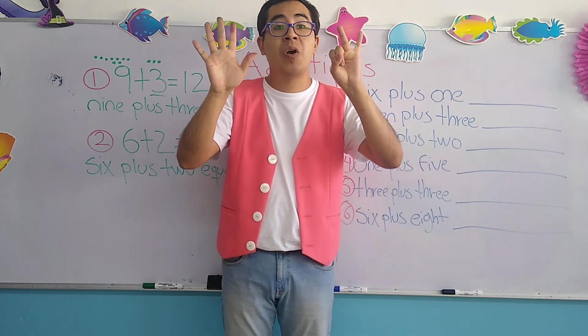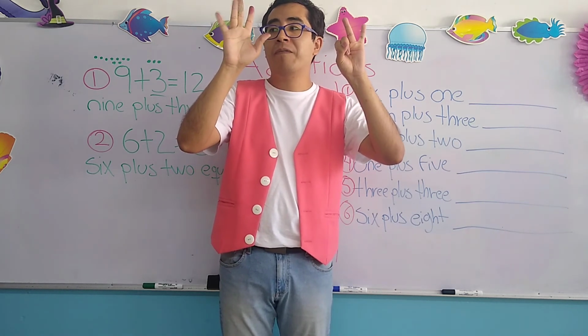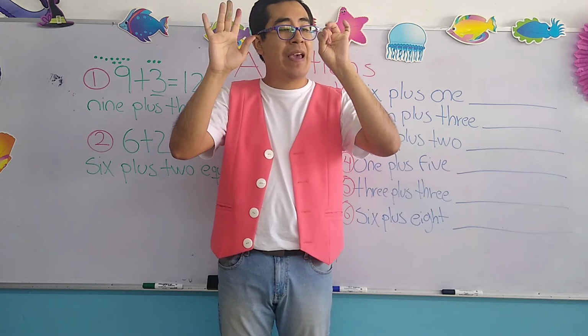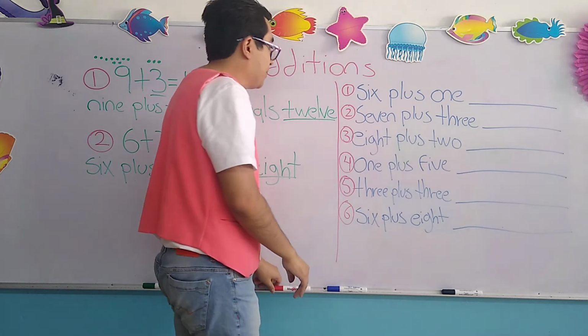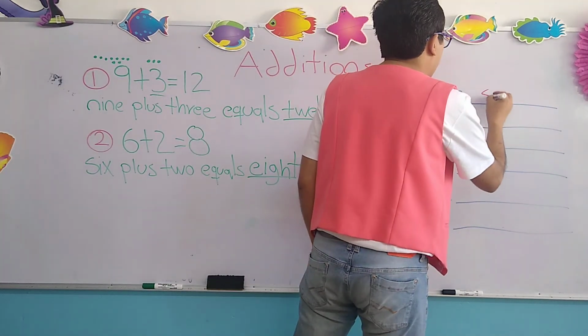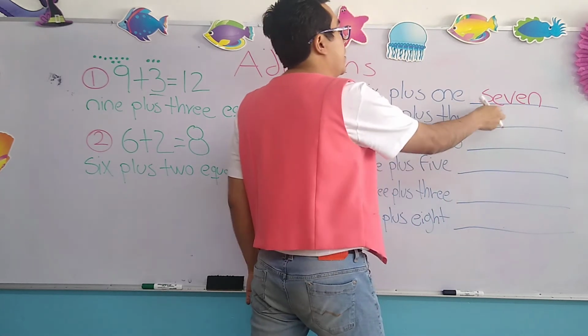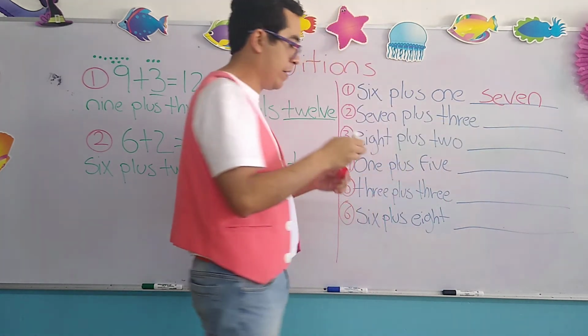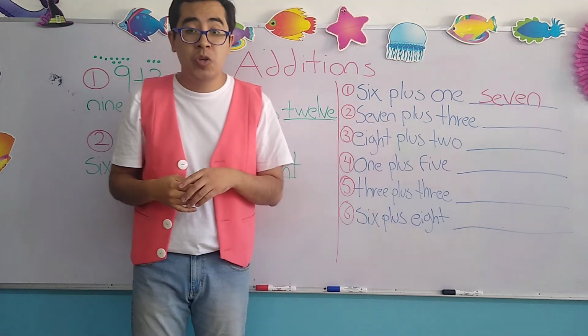Okay, and what's the result? 1, 2, 3, 4, 5, 6, 7. The result is number 7. With letters, don't forget it. S-E-V-E-N.